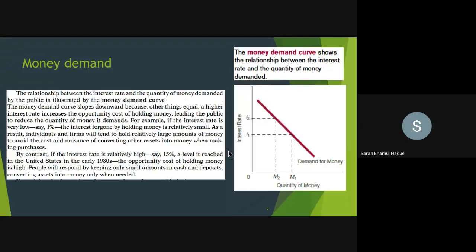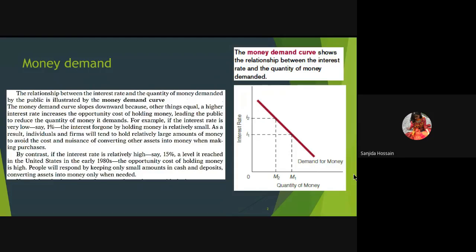So which one will you do? The answer is, if the interest rate is high enough, you will demand less money for consumption and you will keep more money in the banks. But if the interest rate is low, then you will demand more money, thinking it's better for me to spend my money than keep my money for a small amount of interest. Hence you see the demand for money is downward sloping.